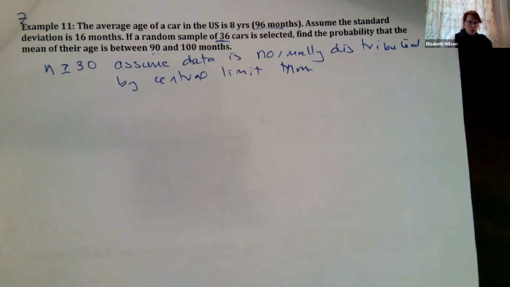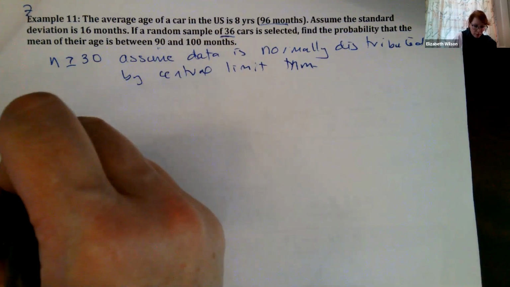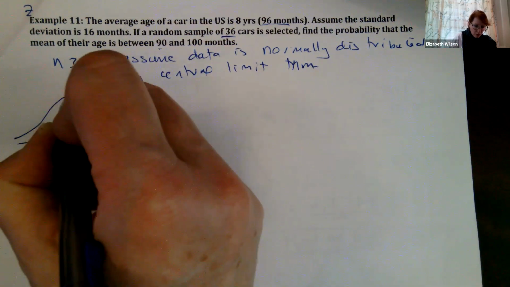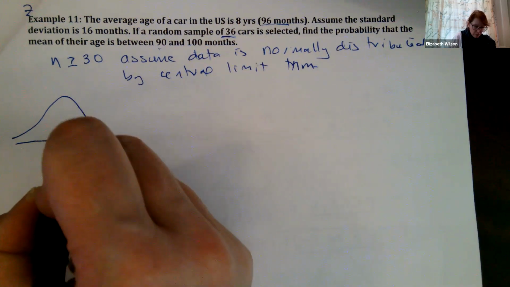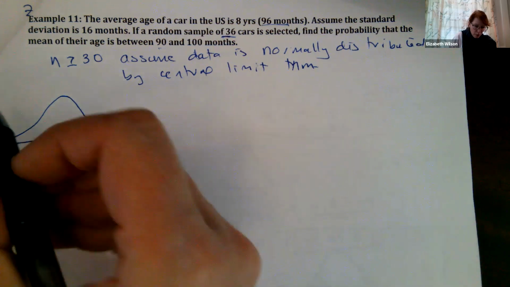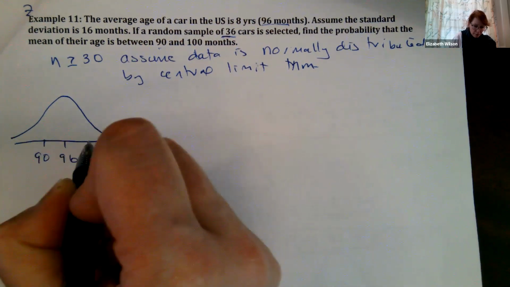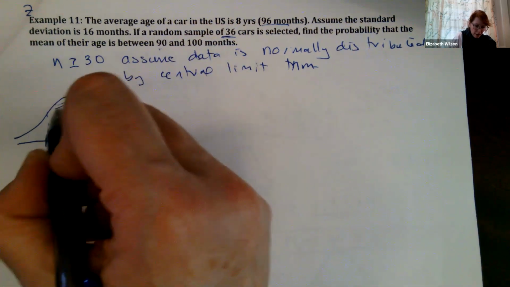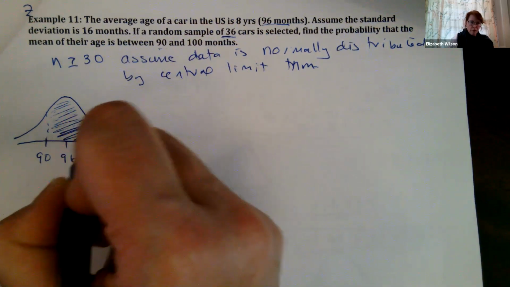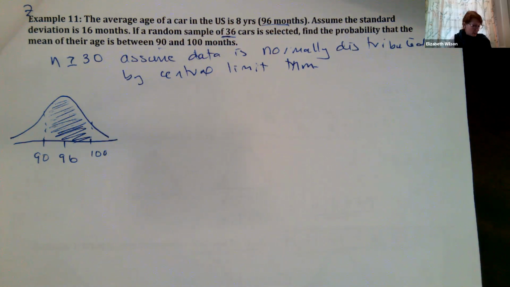All right, so let's think about what we're trying to do here. I'm going to just do a quick plot. So I've got my normal data. We've got this average age is 96, so that's our mean value. We want to find between 90 and 100. So I want to find the area around my mean, but between 90 and 100, okay?